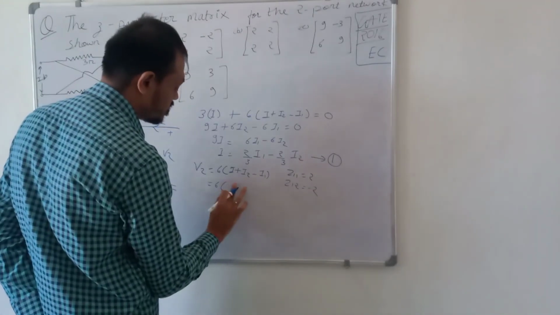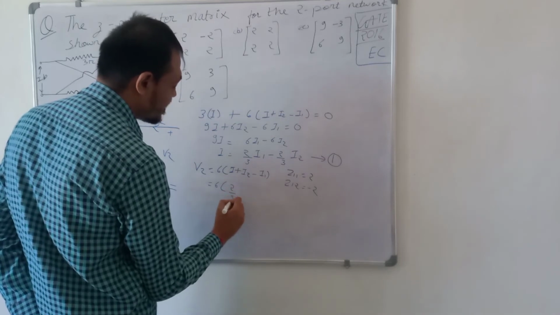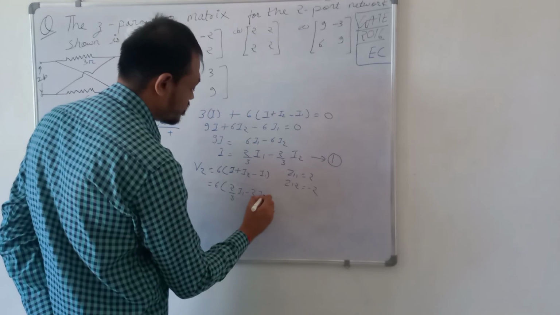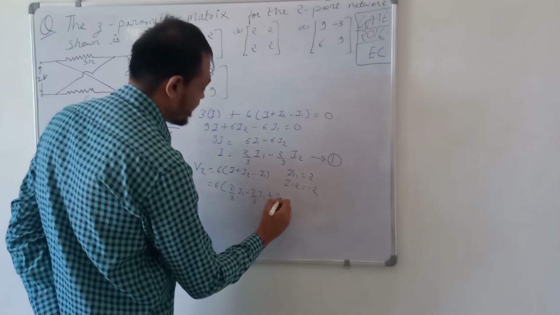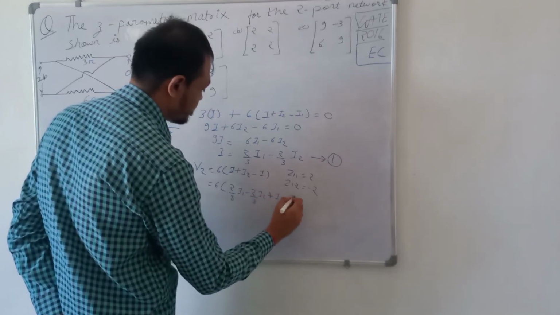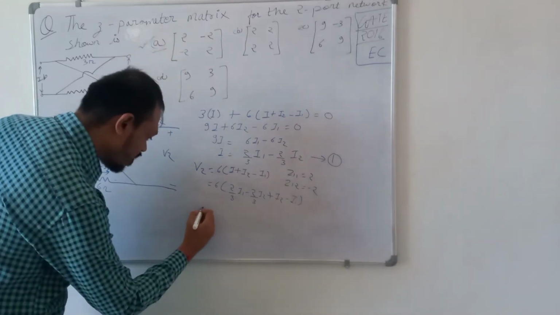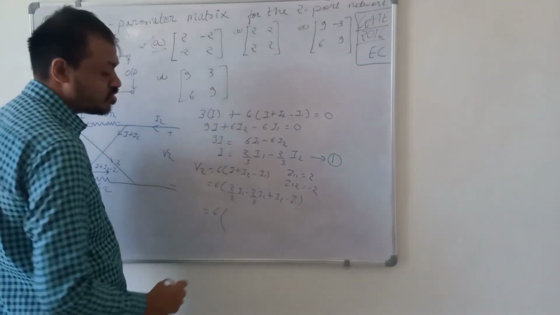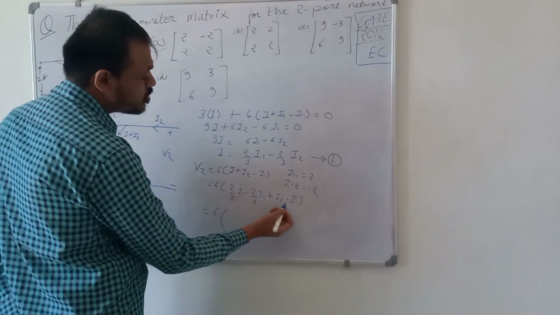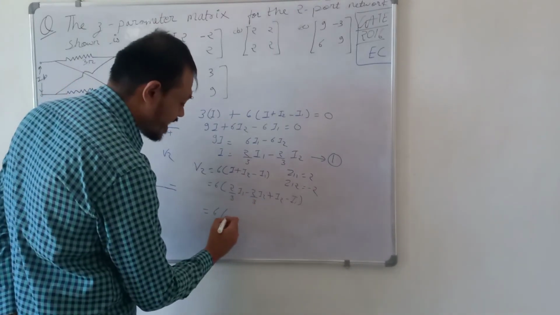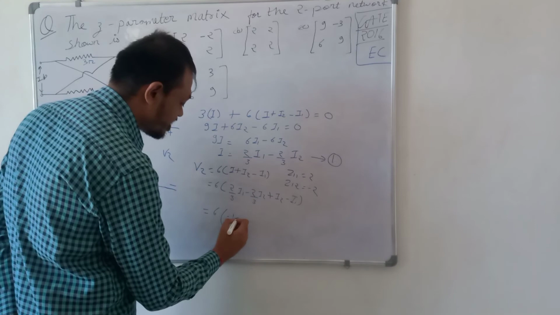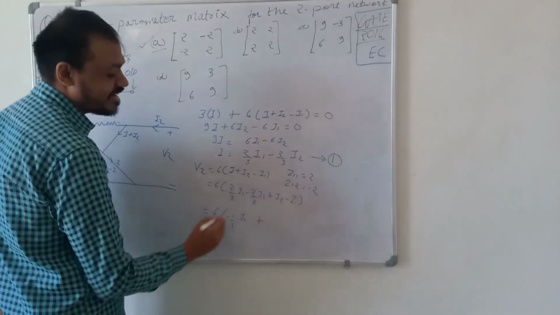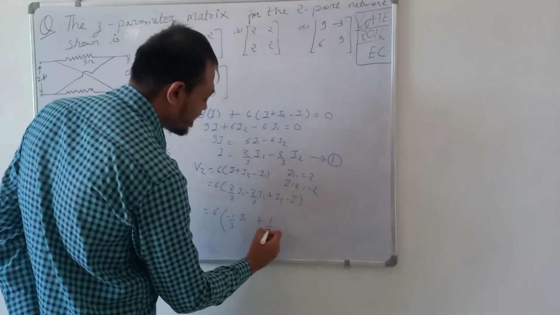So 2 by 3 I1 minus 2 by 3 I2 plus I2 minus I1. So if you solve it, you get 6 into 2 by 3 I1 minus I1, so minus 1 by 3 I1, and I2 minus 2 by 3 I2, so 1 by 3 I2.